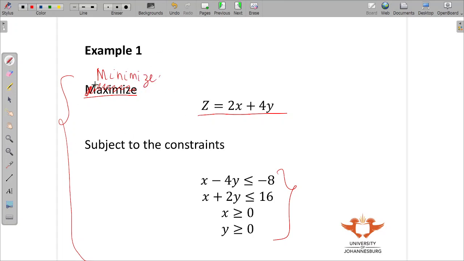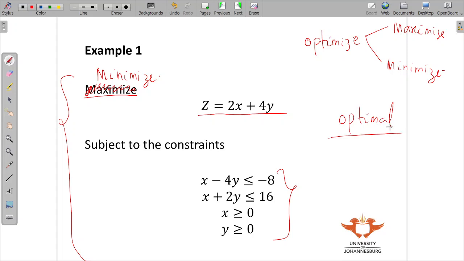Let me use this opportunity to mention that the word optimize means either to maximize or to minimize. So if you are asked to find the optimal value, we are either looking for the minimum or the maximum depending on the problem.